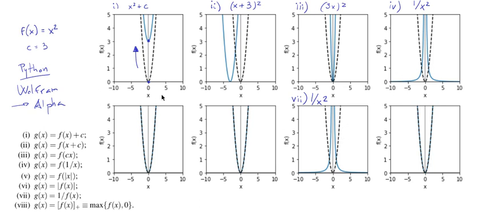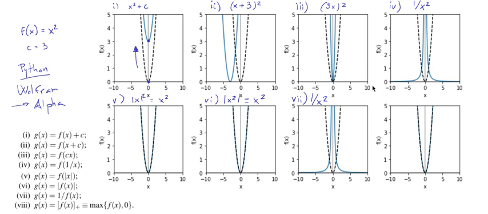Okay, now in 5 we have f of the absolute value of x, so the absolute value of x squared. But we know, because of the properties of the absolute value, that this is just the same function. So this is what we get here. In general these things are not the same, but in this case, because x squared is always going to be positive, this is the same function as the original.